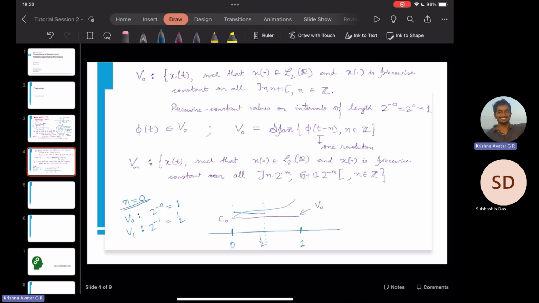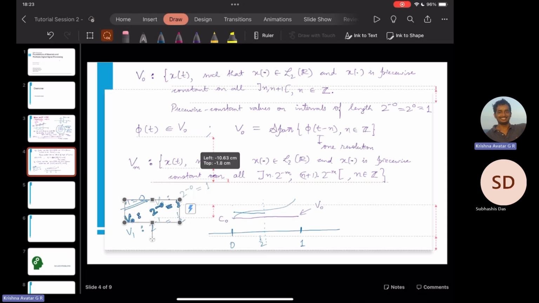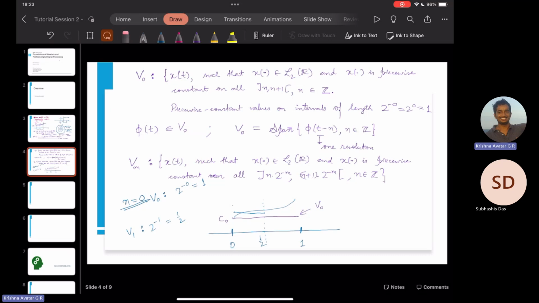We required n equal to 0 only for the previous case, but in this case we will have two n's. One will be from 0 to half, and the other from half to 1, so there will be two sets.